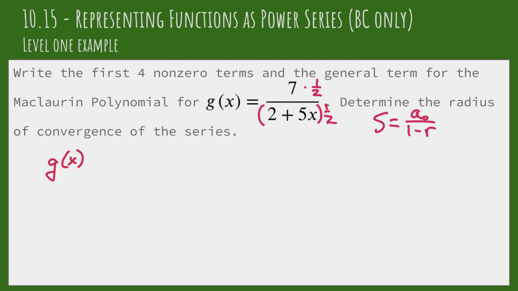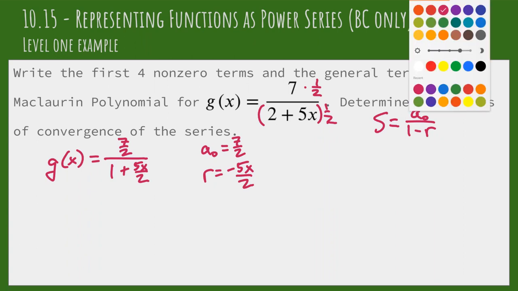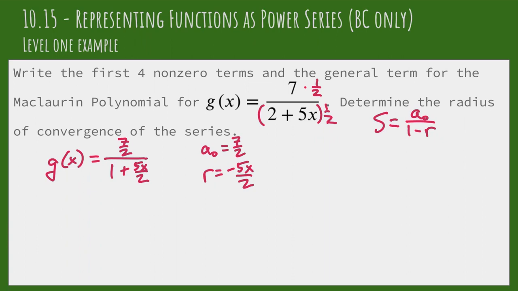So rewriting g of x, we're going to have 7/2 on top over 1 plus 5x over 2. And now in this form, we can say that the first term is 7/2. The common ratio is -5x over 2 to get the minus r part of it. And we can use that now to build our power series.